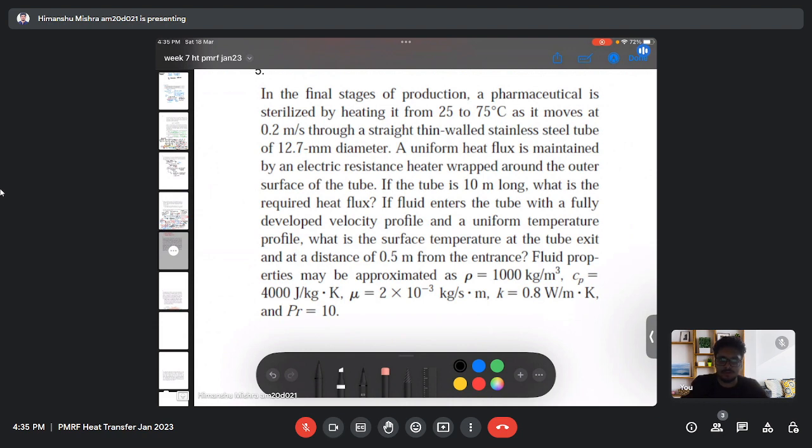The uniform heat flux is maintained by an electrical resistor heater wrapped around the outer surface of the tube. If the tube is 10 meter long, what is the required heat flux? If the fluid enters the tube with a fully developed velocity profile and a uniform temperature profile, what is the surface temperature at the tube exit and at a distance of 0.5 meter from the entrance?